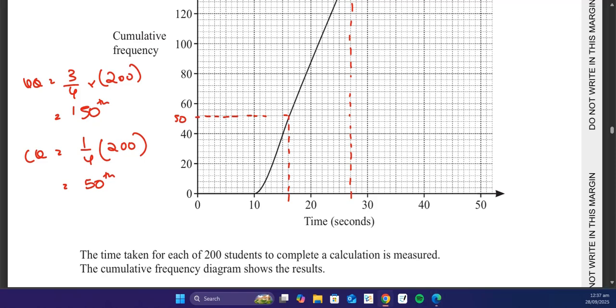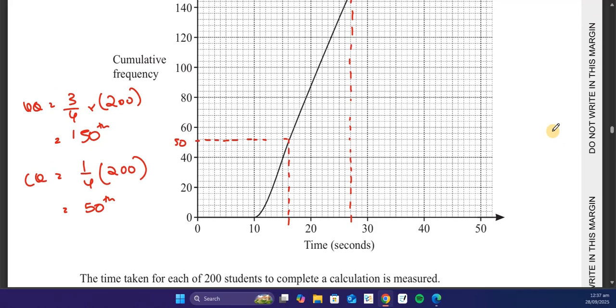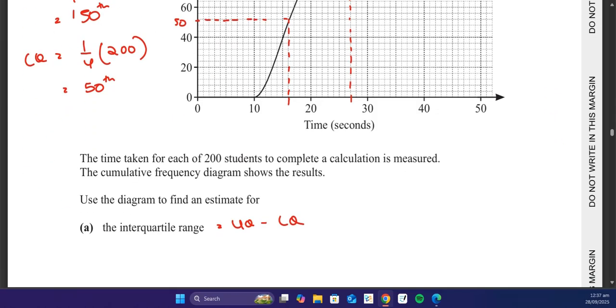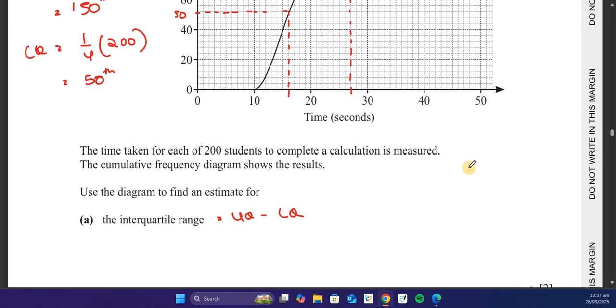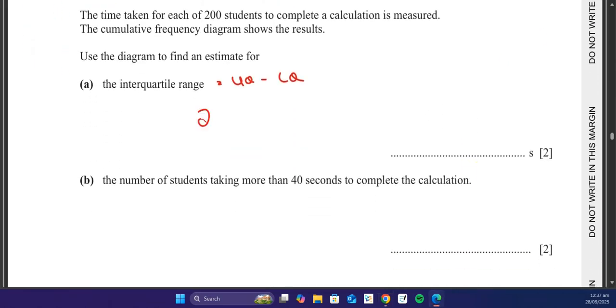Does that make sense? Roughly our upper quartile is around 27, I would say, and our lower quartile is around 16. So 27 minus 16 should give us 11. Make sense? It's pretty simple, pretty easy, pretty standard.